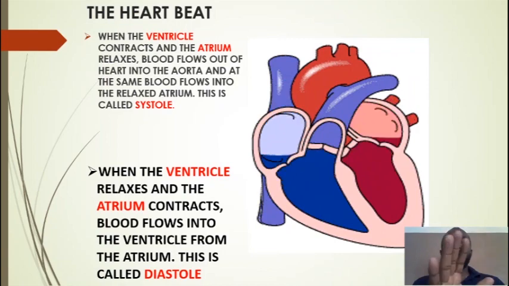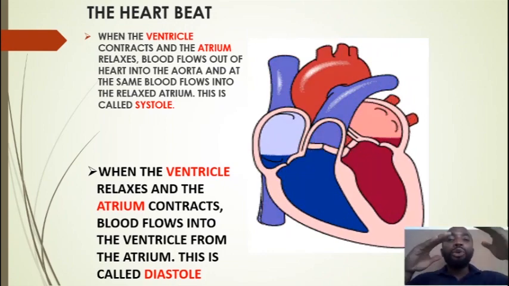It's confusing you? Okay, cool. Let's go through it. Now, in systole, there are 2 parts that we have in the heart: the upper part and the lower part. 2 chambers up, 2 chambers down. We just explained the parts of the heart, so you know that, is it not?